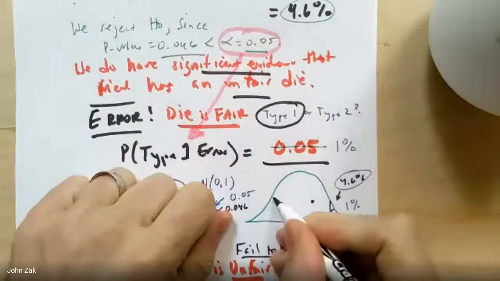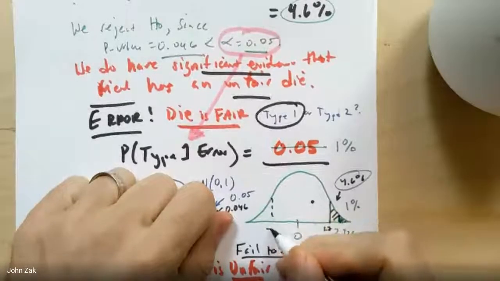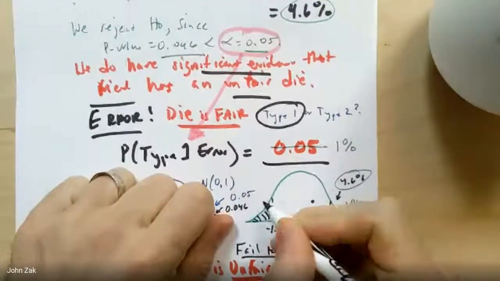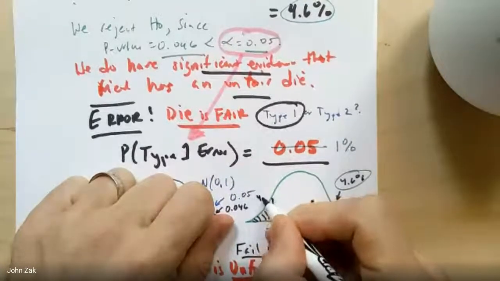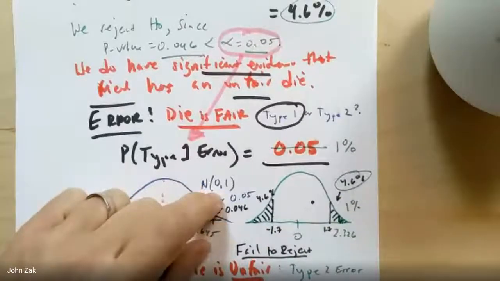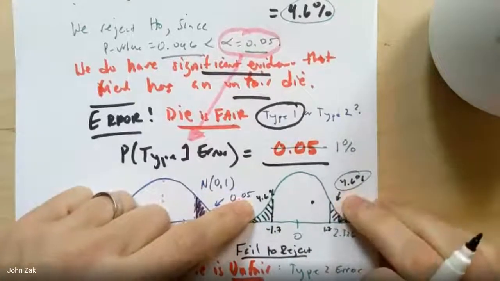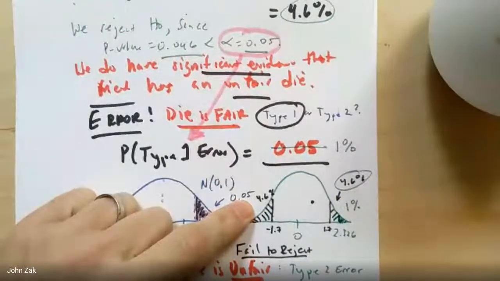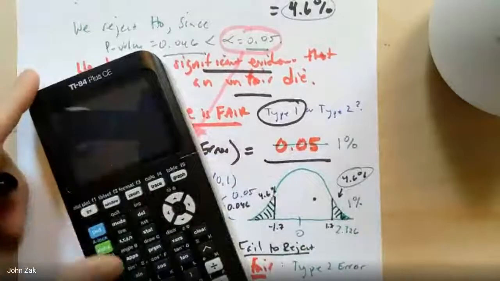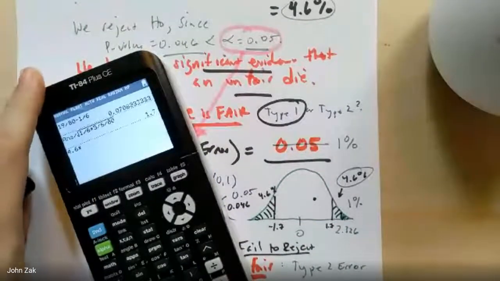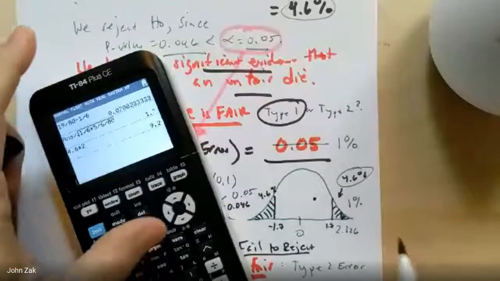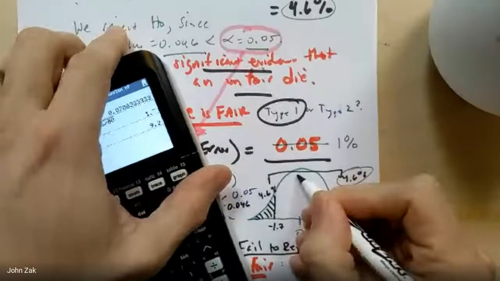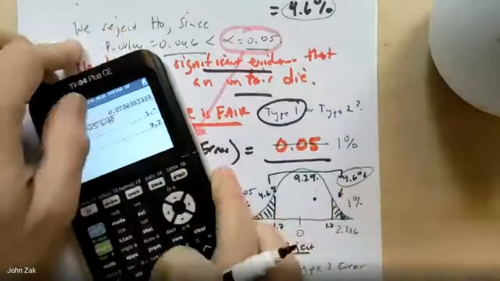Then I'd go over here symmetrically to negative 1.7, and I would shade everything this way in addition. And on this side, I would have 4.6%. So now my p-value would be 4.6% plus 4.6%, or just times 2. That's 9.2%. So now for a 2-tail test, my p-value would be 9.2%.